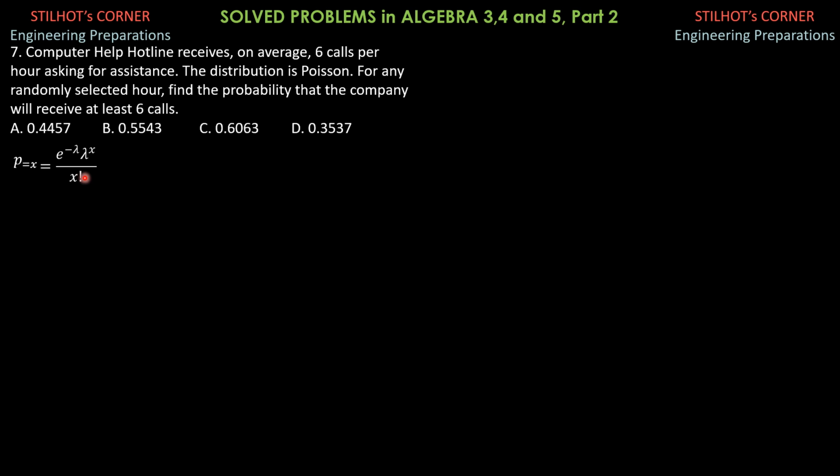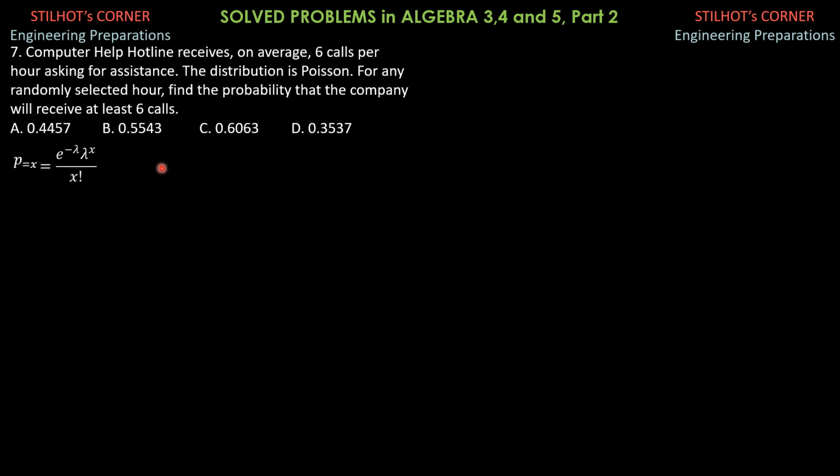So for the probability that the company will receive at least 6 calls, that should be the probability under the distribution curve where the number of calls is 6 or more. So 6 to infinity.